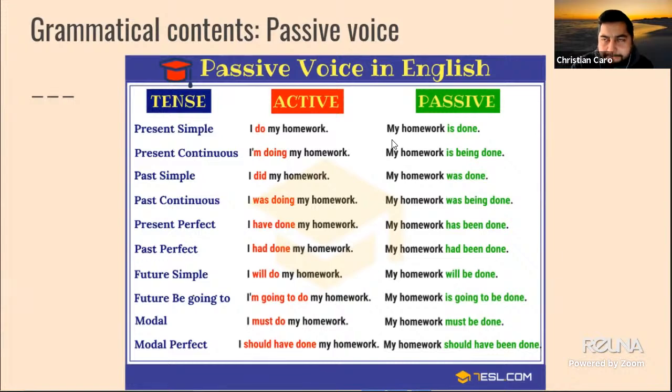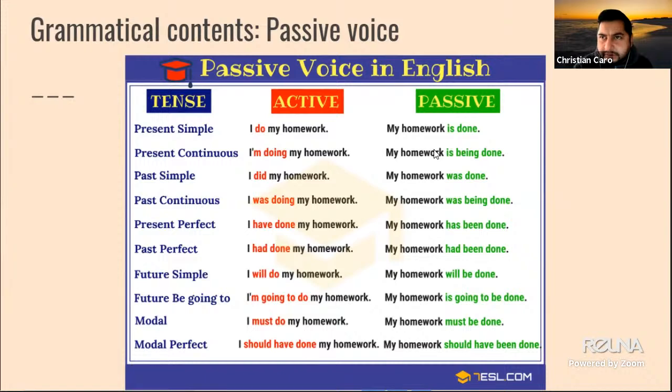Also, there are different uses related with the passive voice. Normally, we use passive voice with academic formal writing. Also, for example, in spoken English, journalists, reporters, broadcasters, in this case, they use a lot of passive voice.